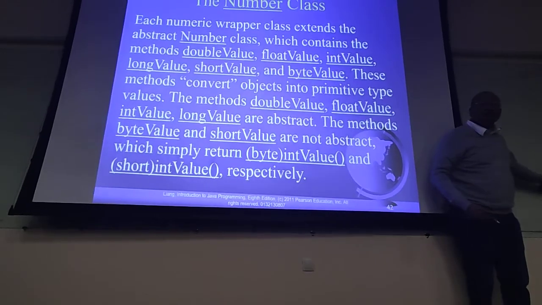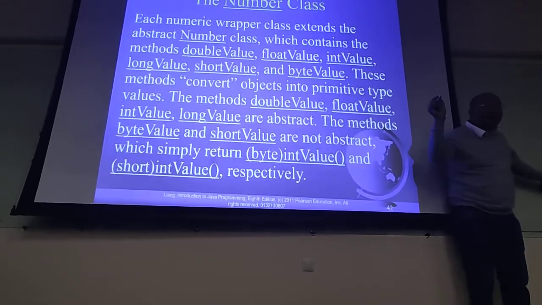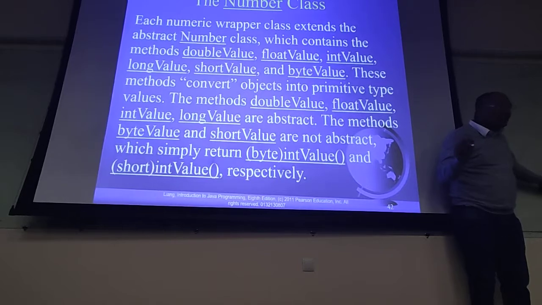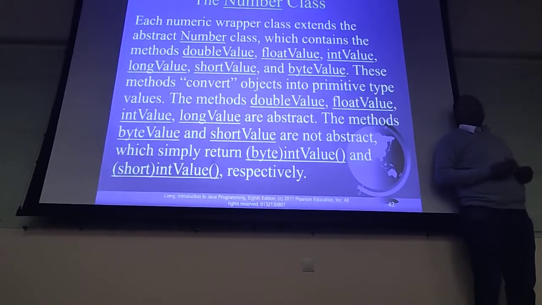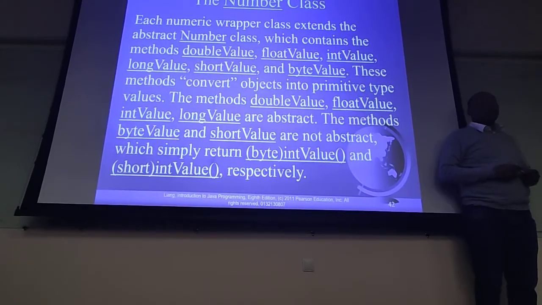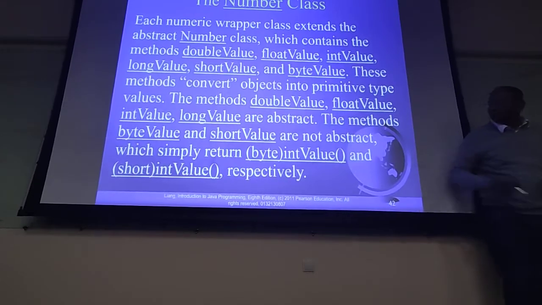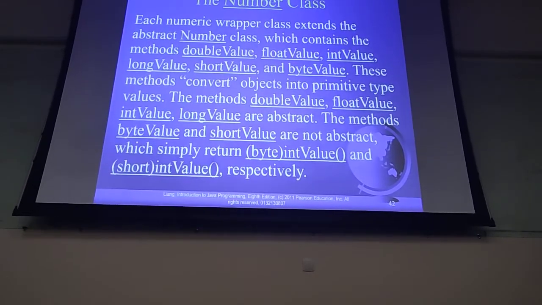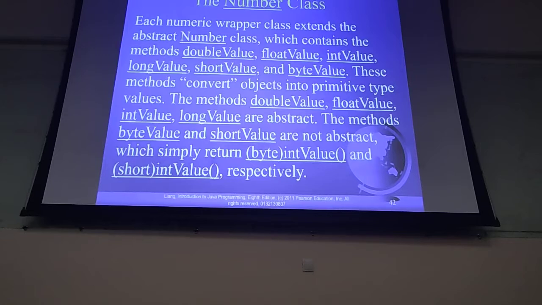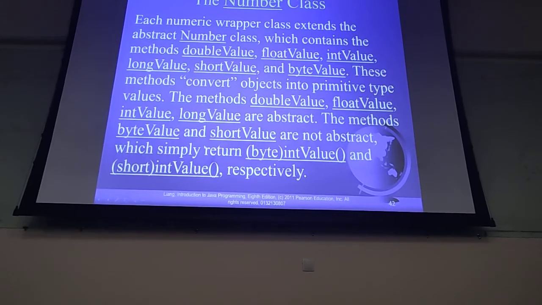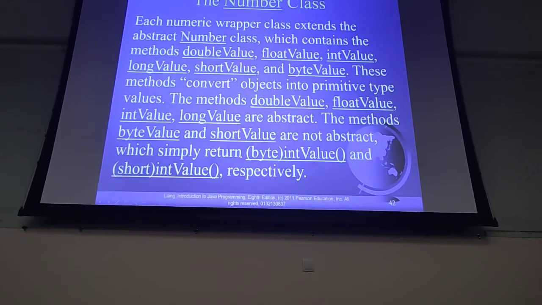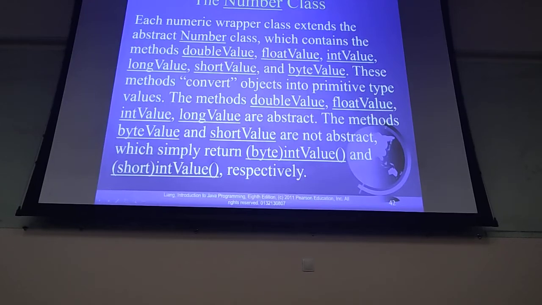What is written of this? Integer to int. Which value? intValue. Typecasting. And you know, byteValue and shortValue are not abstract, they simply return the value. Have you understood this? Okay.